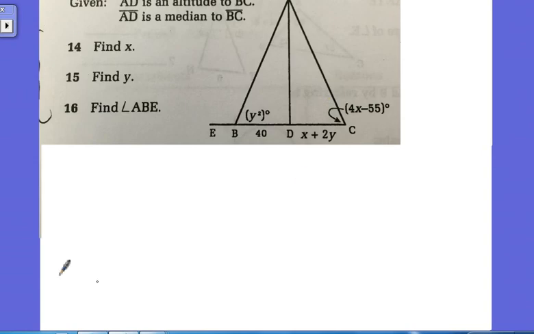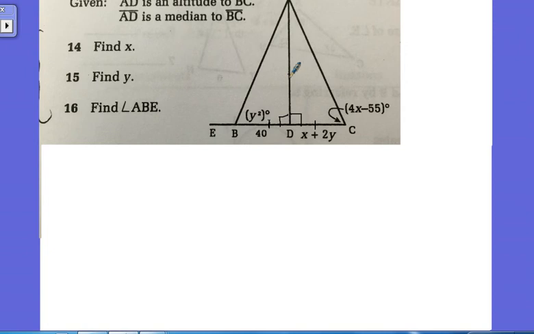All right. Here we have this question, and I know there were a couple of people that really were struggling with this one. So let's take a look. We're given this information that AD is an altitude to BC, which means that we have these two right angles here at the bottom. Also, we have AD as the median to BC, which means that AD cuts BC into congruent segments.